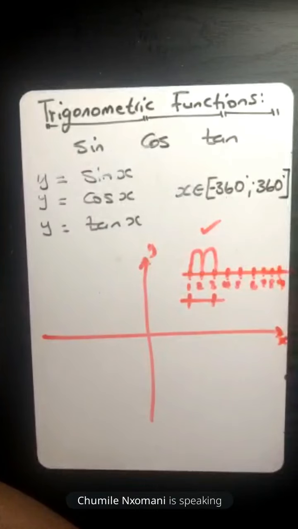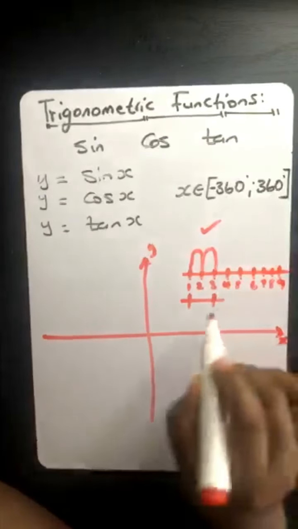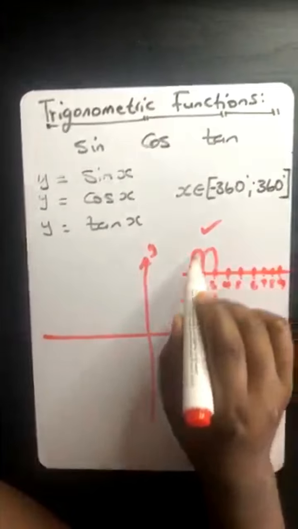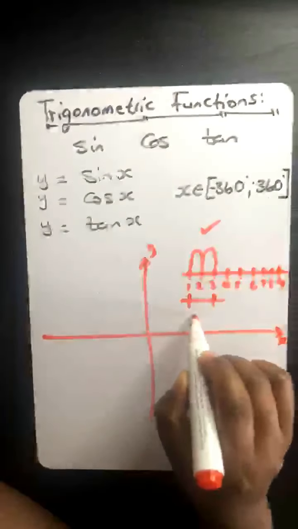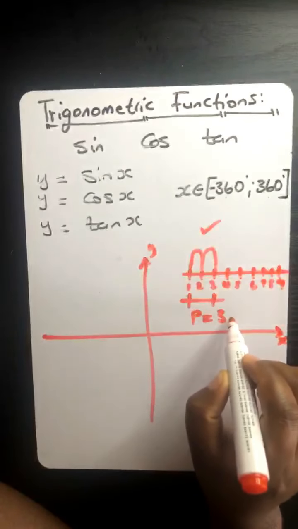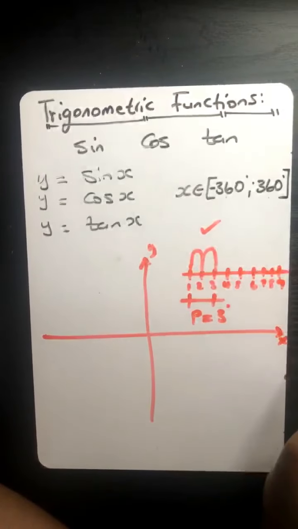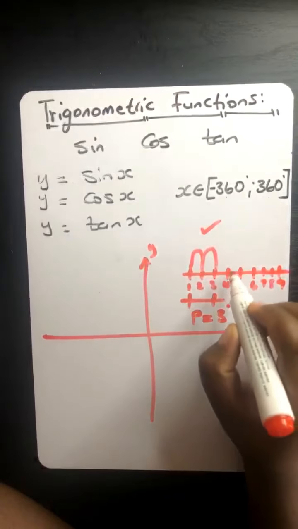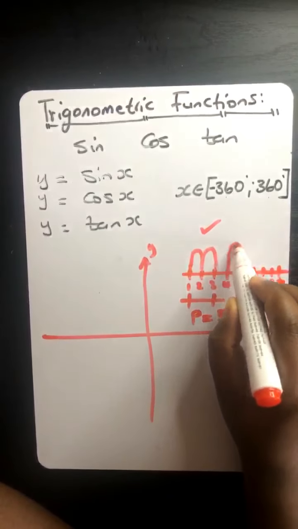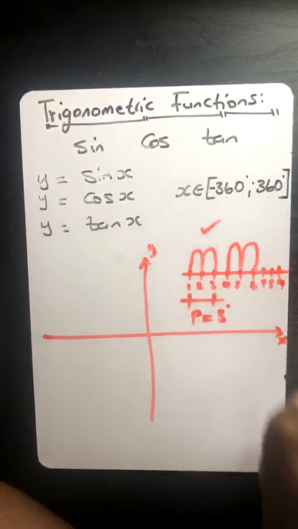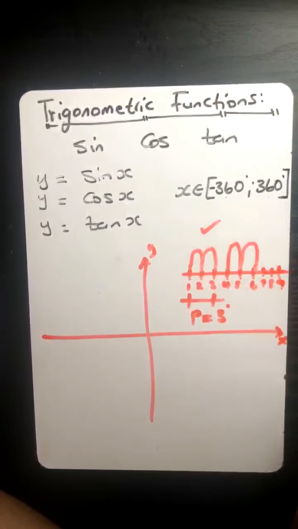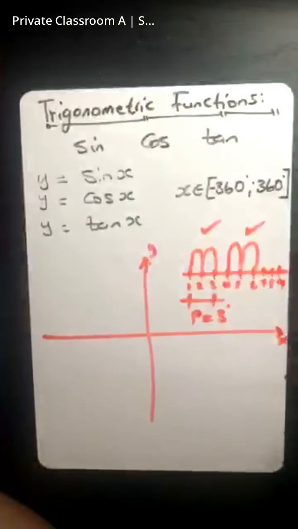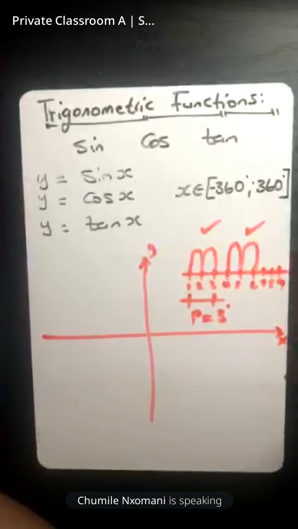Isn't it 3 values, sir? Yes. So the period for the letter M is equal to 3. Maybe let's say 3 degrees, because in this chapter we talk about angles which are measured in degrees. If I draw that again, how many units does that letter need to complete? Still 3, isn't it? Yes, sir.